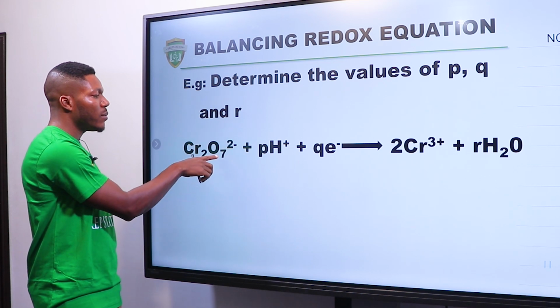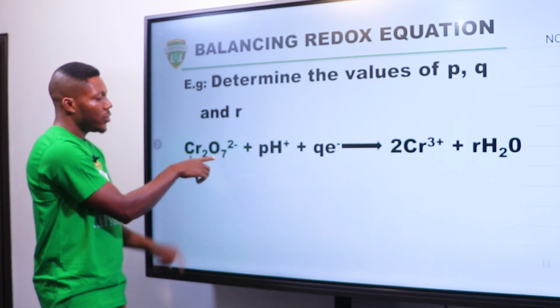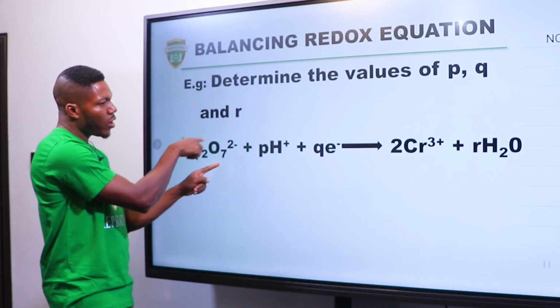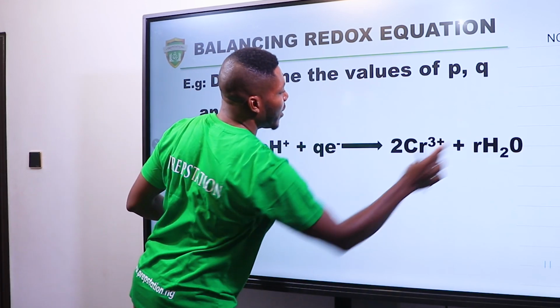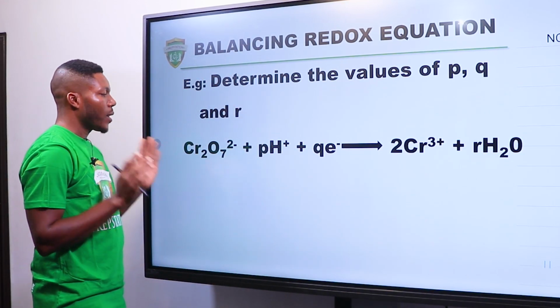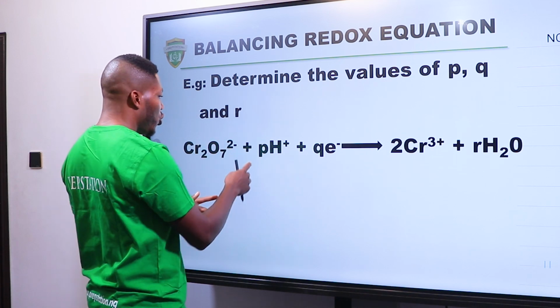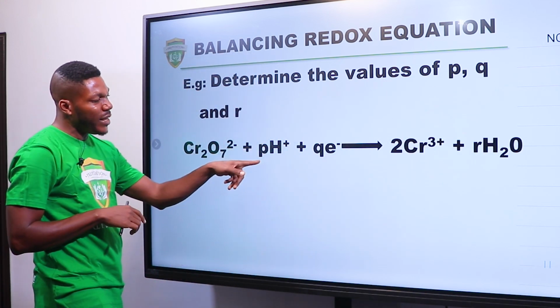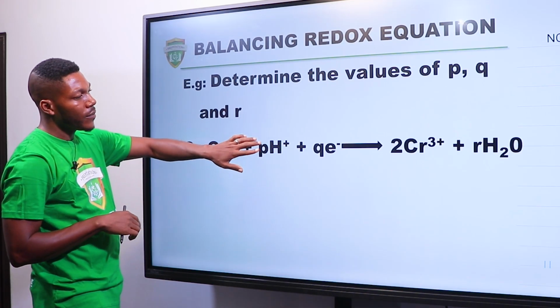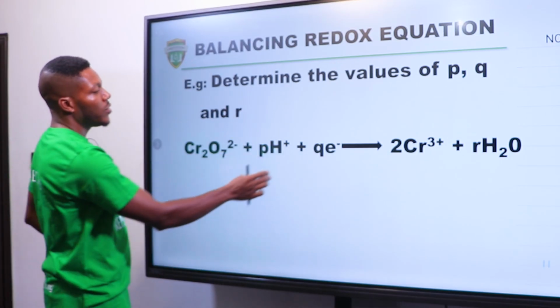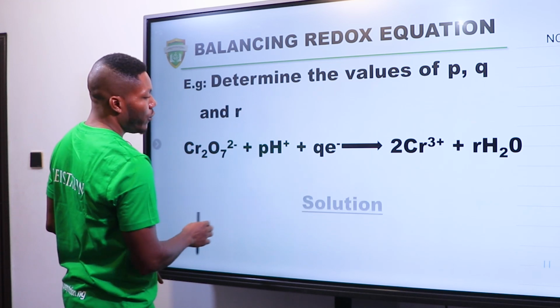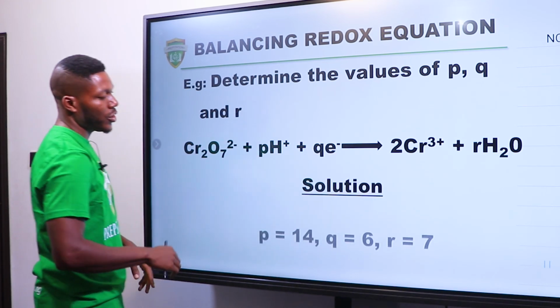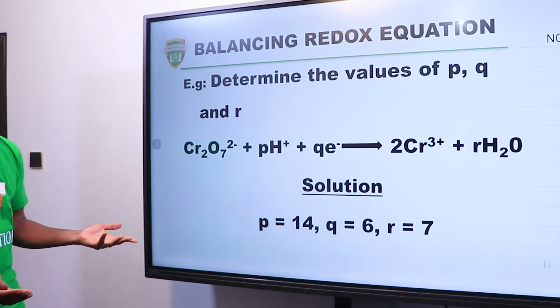So at this point, how do you get your R? Your R comes from the number of oxygen here. So this is 7 oxygen. So if you multiply this by 7 here, you have balance in oxygen. Then what should be your H? So 7 times 2 will give us what? The P. Then after you find the P, try to make sure that you've balanced the charge and you will know what is done.